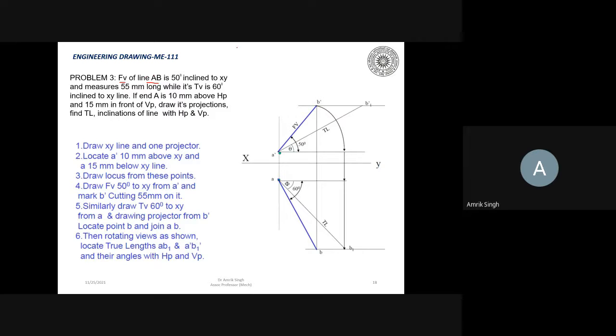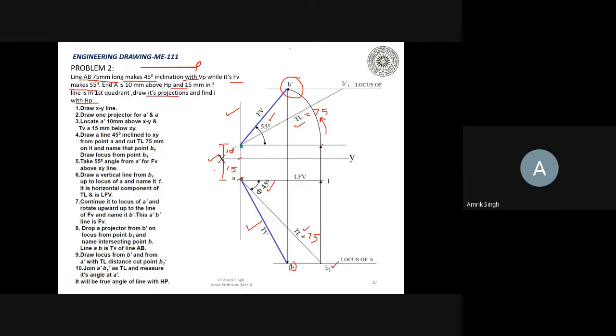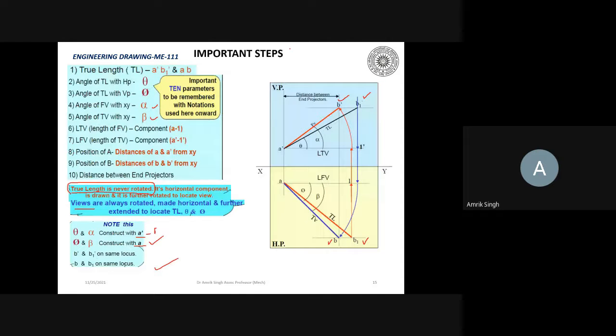Sorry, front view is alpha beta. Okay. Front view and top view is alpha beta, and the true length is theta phi. This is with HP, and this is with VP, and alpha is with front view, and beta is with top view. ठीक है, ये याद रखना है, जो मैंने ये वाला टेबल बताया था आपको, this one. So this you have to remember. Okay.